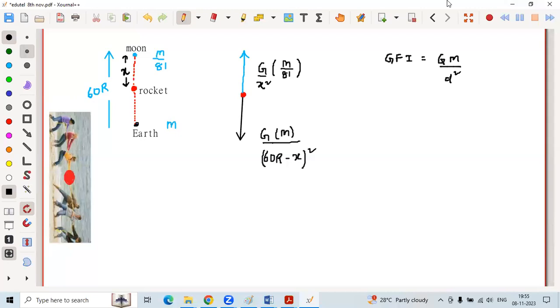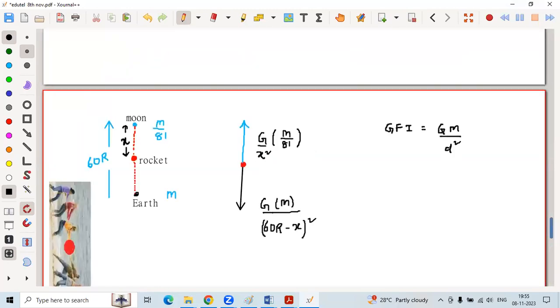Who is at the girls' side there? Moon. Who is at Earth? Boys. What is the red color thing? Rocket. Now, what is the meaning of field intensity 0? Girls are pulling the ball, boys are also pulling the ball. What is the net force on the ball? 0. Very good, because the ball is not moving anywhere. That is the meaning of net force being 0.